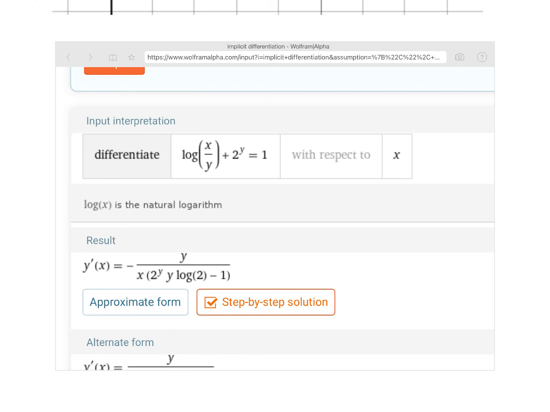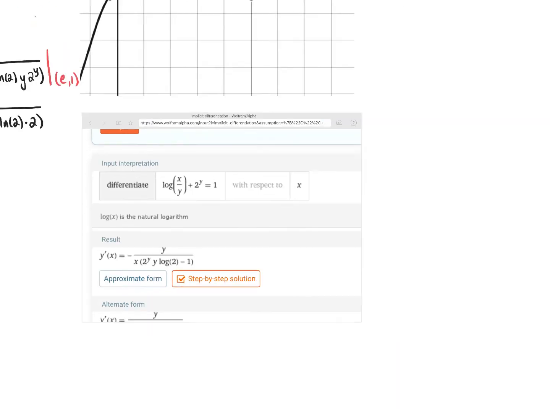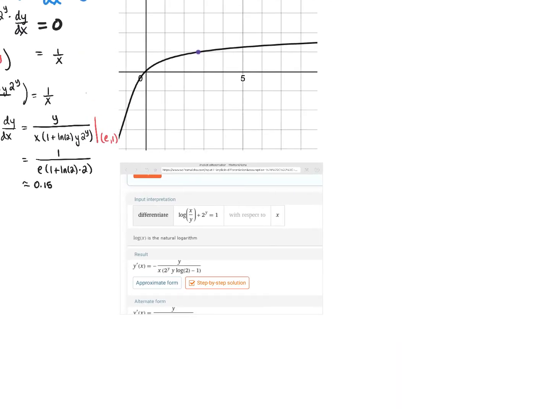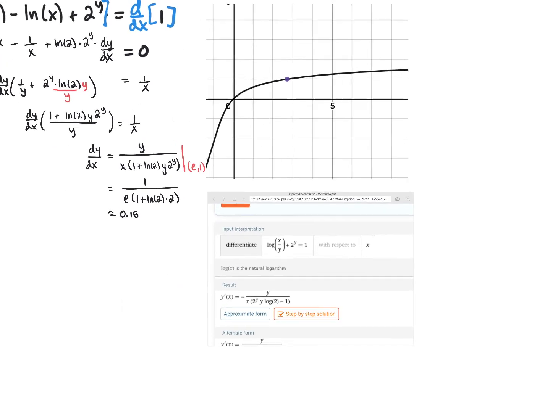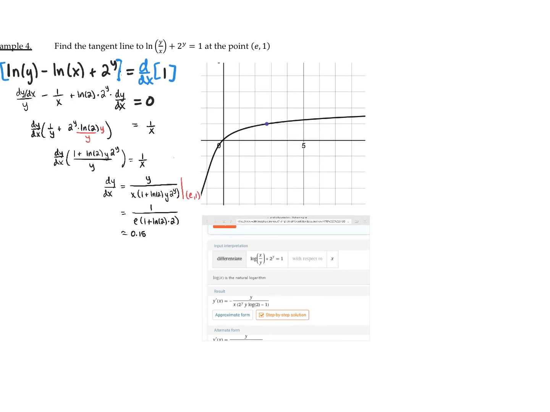So let's zoom back out on mine. So we're a little bit off. And I am not seeing y.